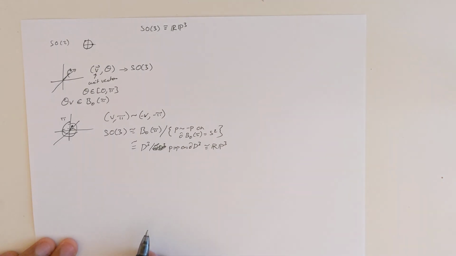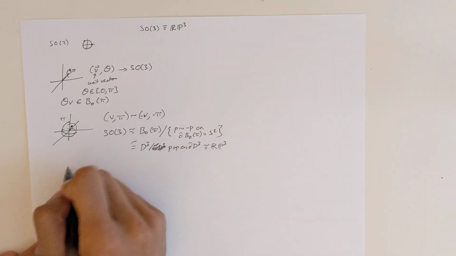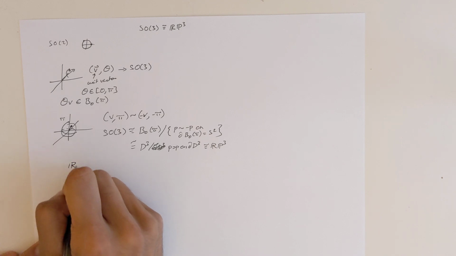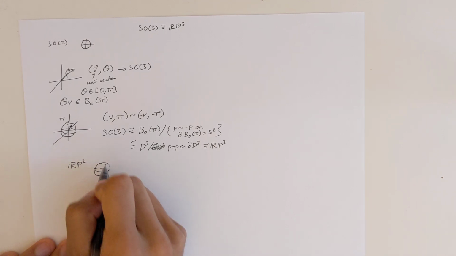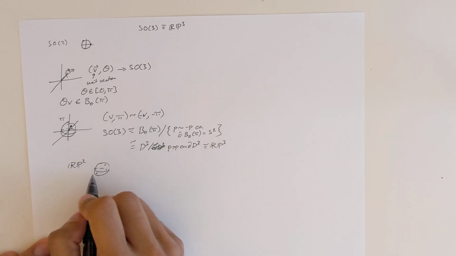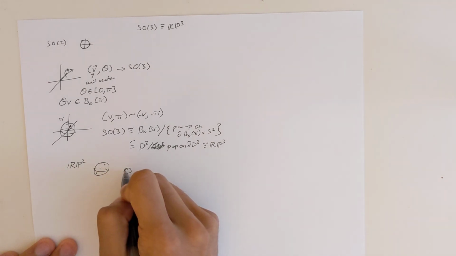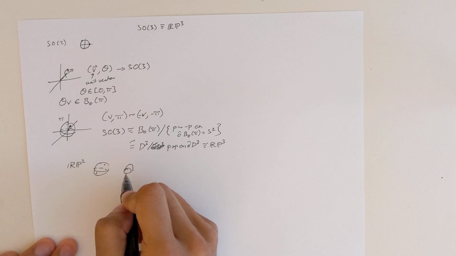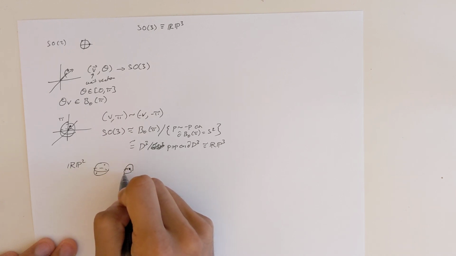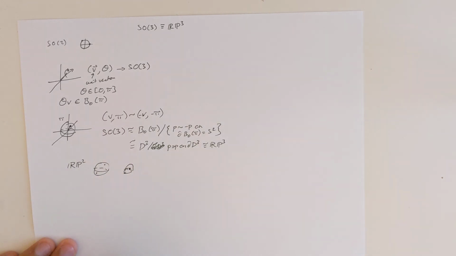And if you don't recognize this as a description of RP3, you can think of it like this. RP2, we can describe as the unit sphere with opposite points identified. But we can get rid of the lower hemisphere and just consider the upper hemisphere. Now any point on the interior of the upper hemisphere corresponds to a unique point on RP2. But for any point on the boundary circle, you have to identify opposite points.